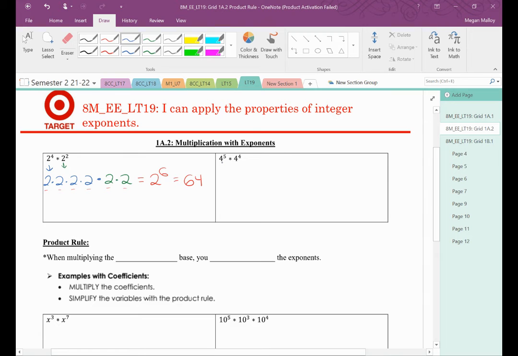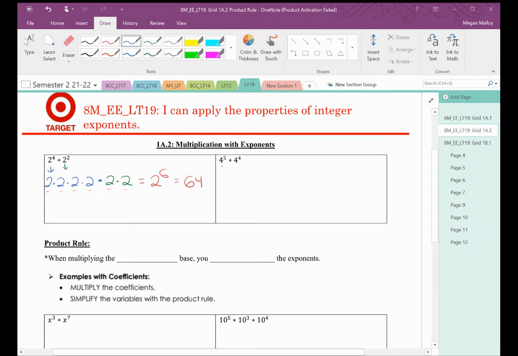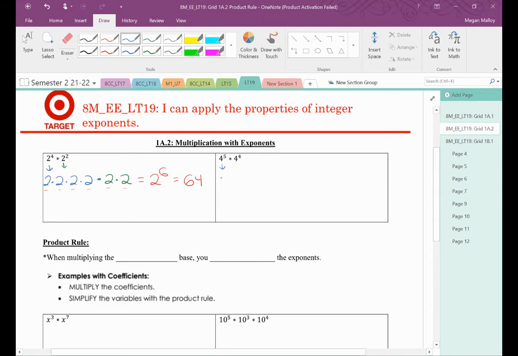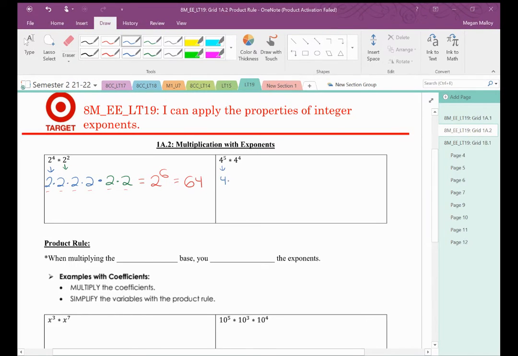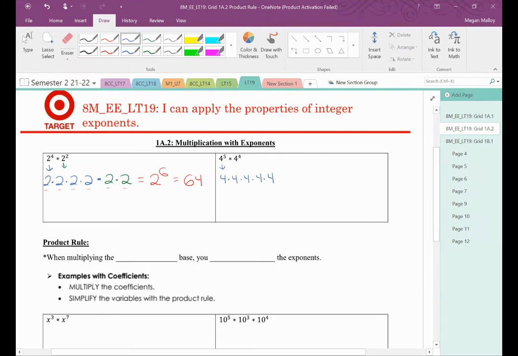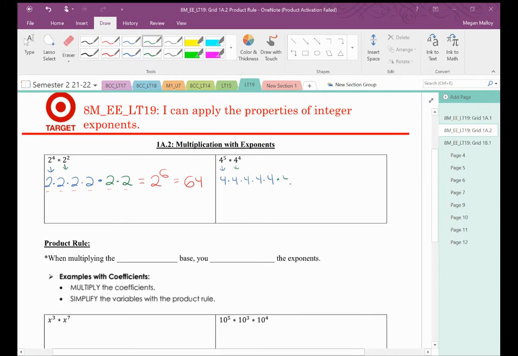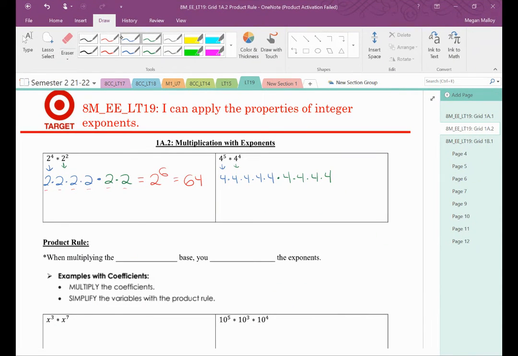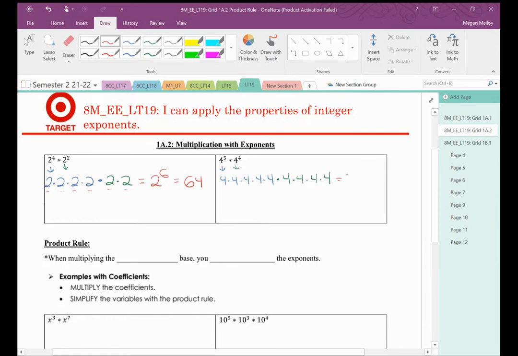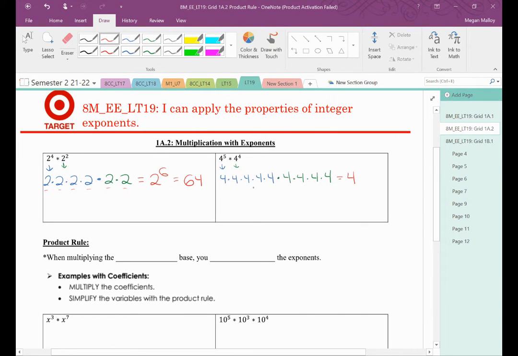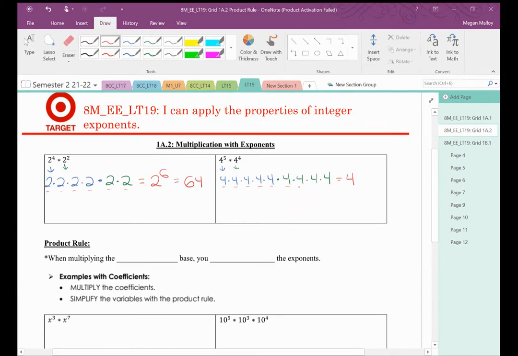Looking at the second example, we have 4 to the fifth. So if I were to write that in expanded form, that would be a base of 4 times itself 5 times, times 4 times itself 4 times, which if I wanted to simplify, it would be a base of 4 multiplied by itself 1, 2, 3, 4, 5, 6, 7, 8, 9 times.